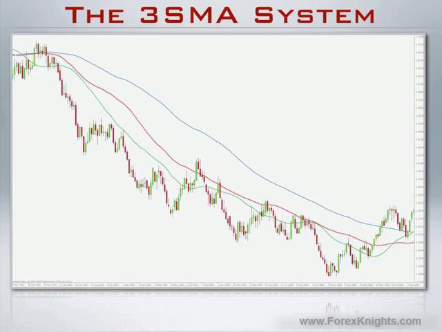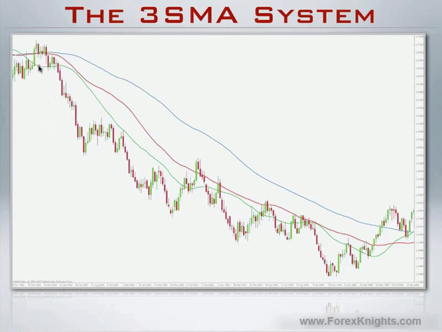Alright, let's review this screenshot. The three simple moving averages get in order at that moment. That's where we have our final crossover, right? And from that point on, the 30 is below the 50 and the 50 is below the 100. However, properly speaking, the trend doesn't quite begin until that moment. How is that?